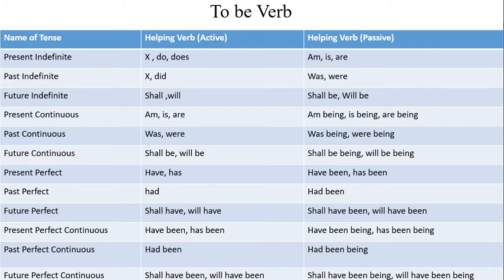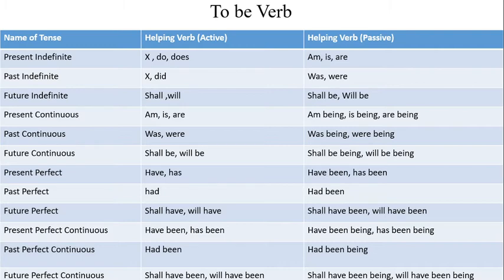Look at the present continuous tense. The passive verb is am/is/are plus being plus past participle form of verb.